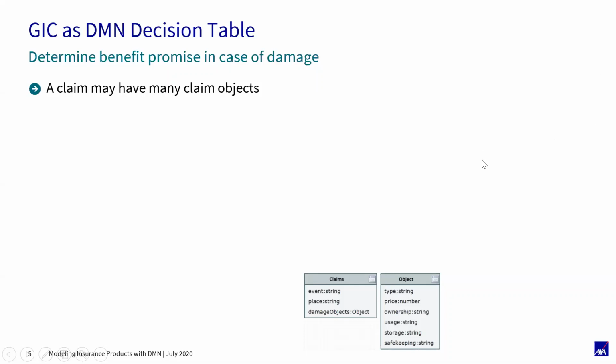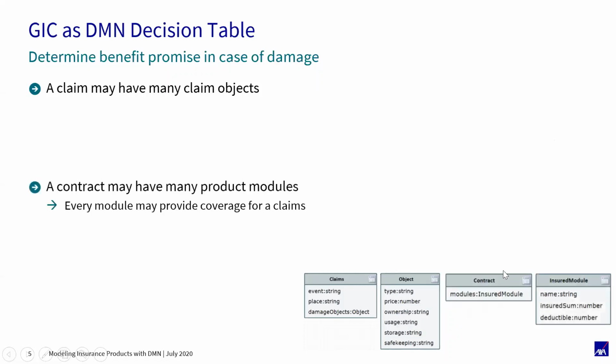So in a claim case, for instance, fire at home, there might be more than one damaged object, and each damaged object is described by several attributes needed to determine the possible compensation. And an insurance contract might include more than one insured product module. And each product module has its own maximum insured sum and deductible.